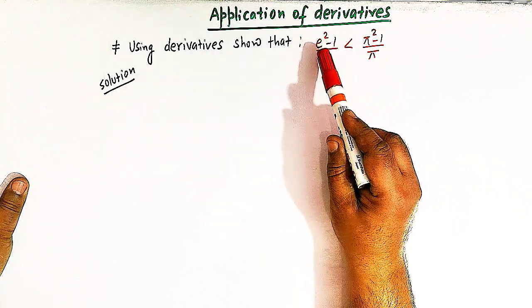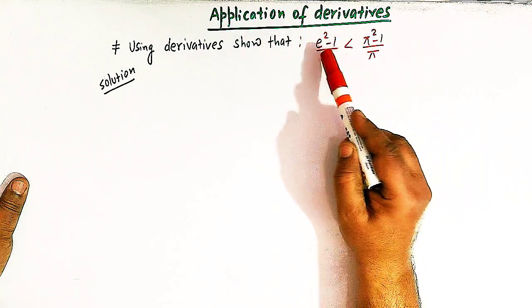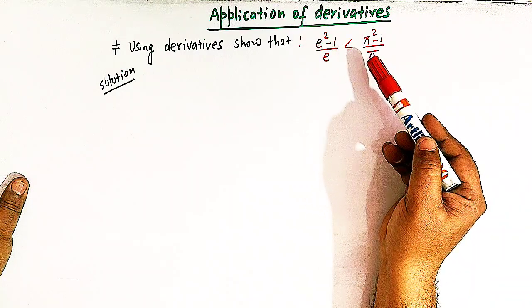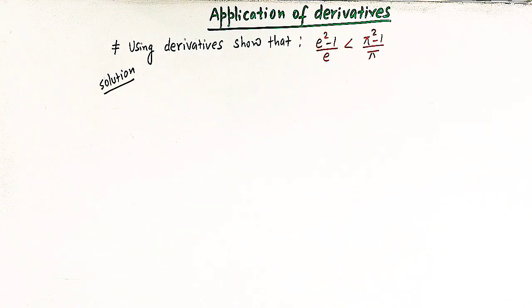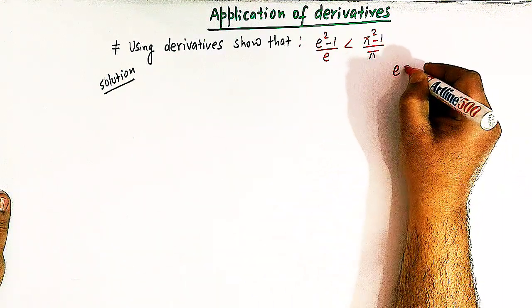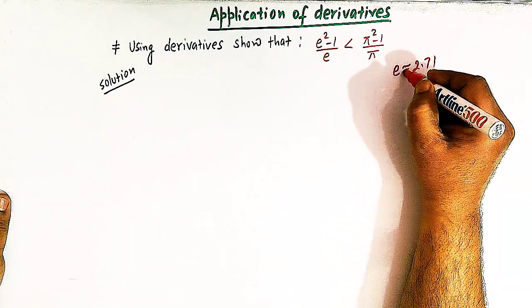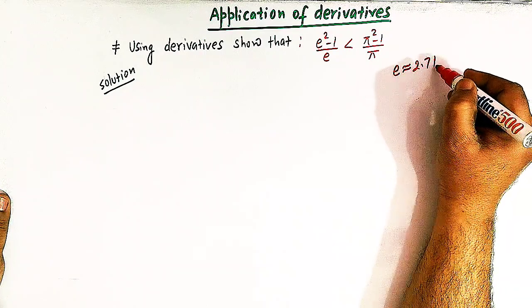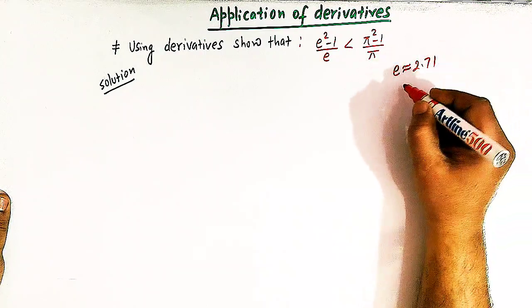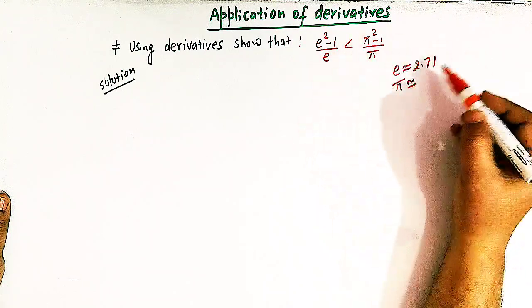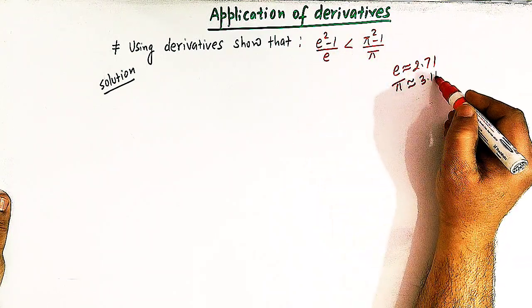But if we take the particular values of e and pi, we can easily prove it by simply substituting e equal to 2.71, because the approximate value of e, the exponential number, is 2.71, and pi, the irrational number, is 3.14.